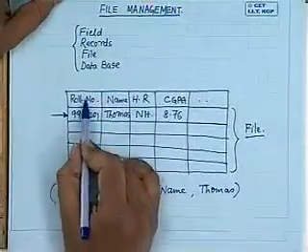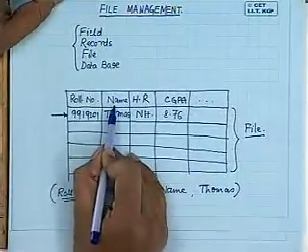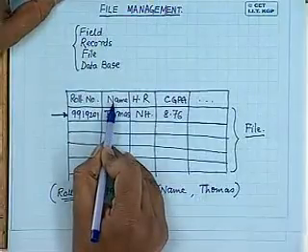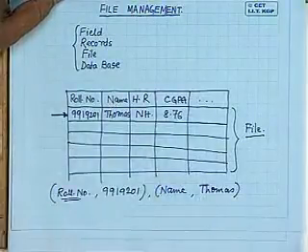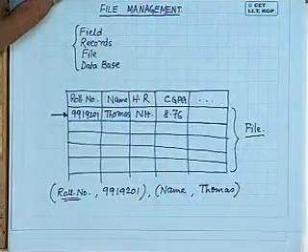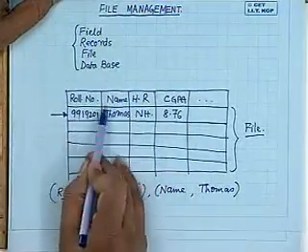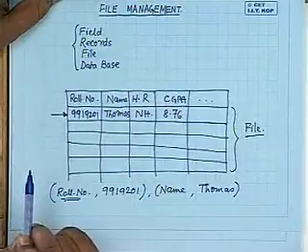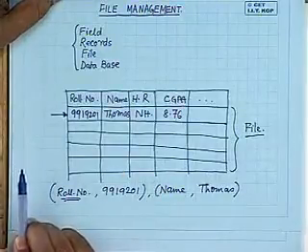For example here, if I change the positions of these two columns, say roll number and name, so that first I put name, next I put roll number. If I write a simple application program, then the application program has to take care of this replacement of the columns or attributes. But in case of a database, it should not be so.